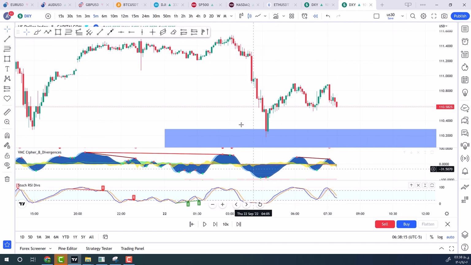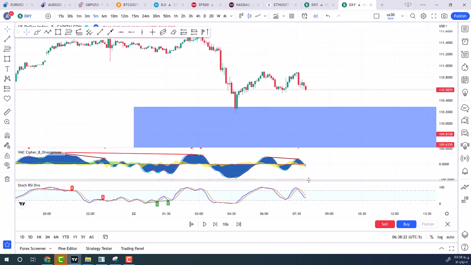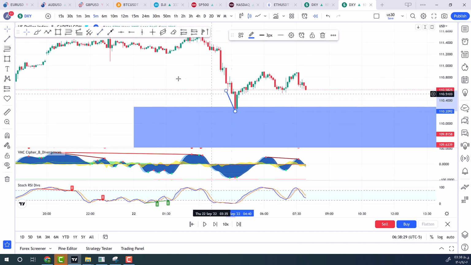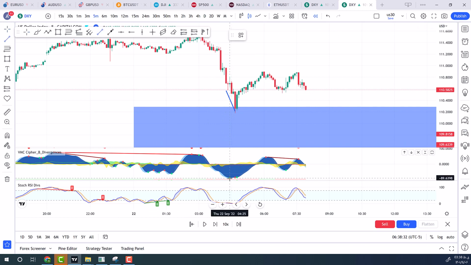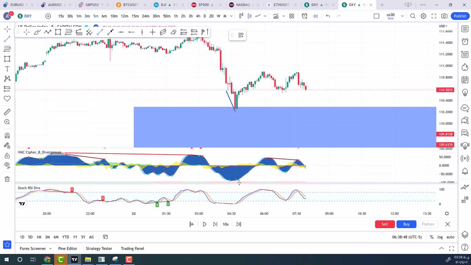We don't have a divergence here, but these two indicators are showing a minor kind of divergence from the candle's low, from this low to this low. This indicator didn't show us a divergence, but this indicator did show us a divergence, VMC.